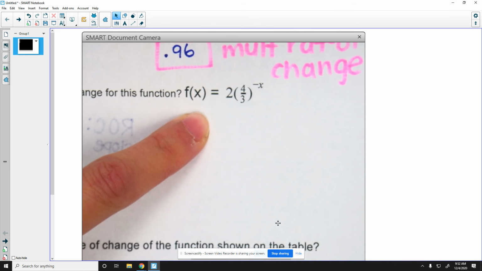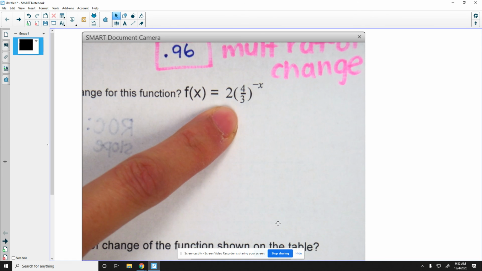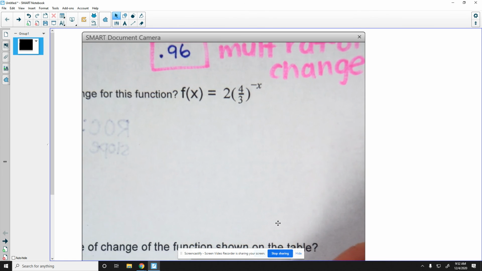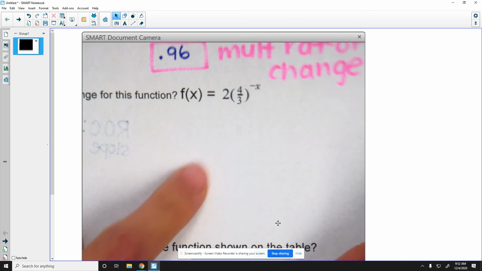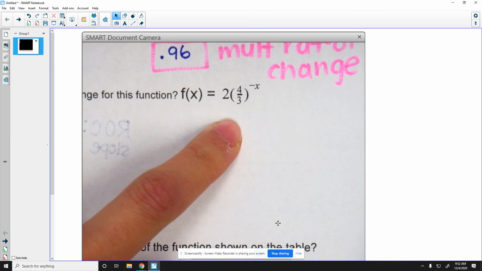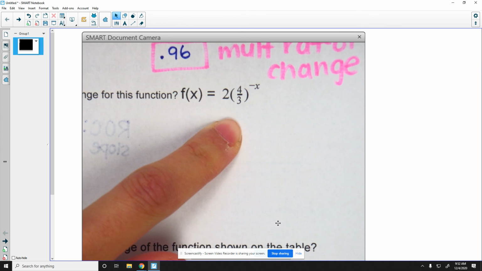So we said the multiplicative rate of change is the number inside the parentheses, but they're trying to trick you. Does anyone have any idea? Online kids, does anyone have any idea?